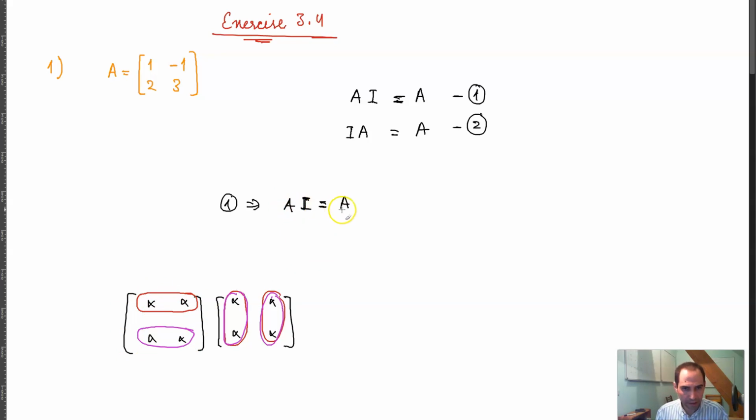Now, if I use this equation for row operations, the only matrix that I could do row operations on would be A. And that's not what I want to do, because if I do row operations on this matrix, then this matrix is going to change.